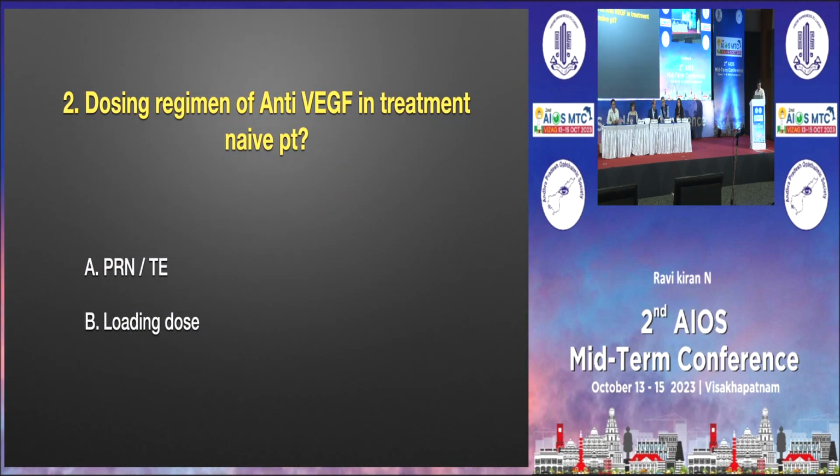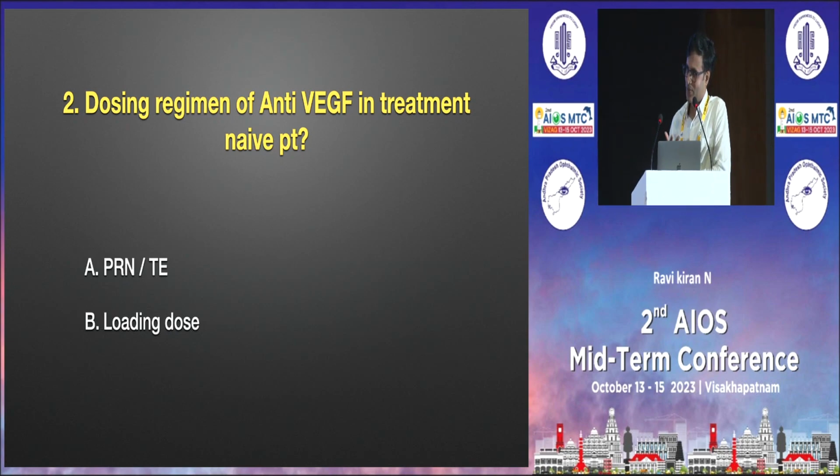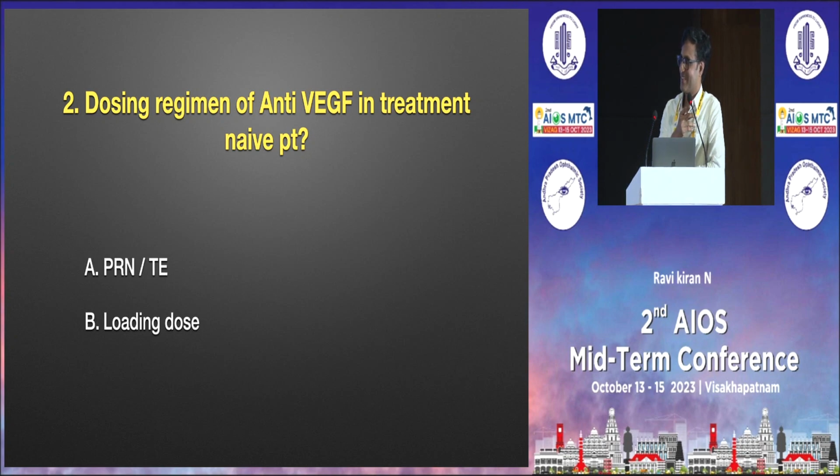The second one is about the dosing regimen of anti-VEGF in treatment-naive patients. Is it always a loading dose followed by PRN, or right from the start of the treatment, is it a PRN or treat and extend regimen? I think loading dose is not really required.